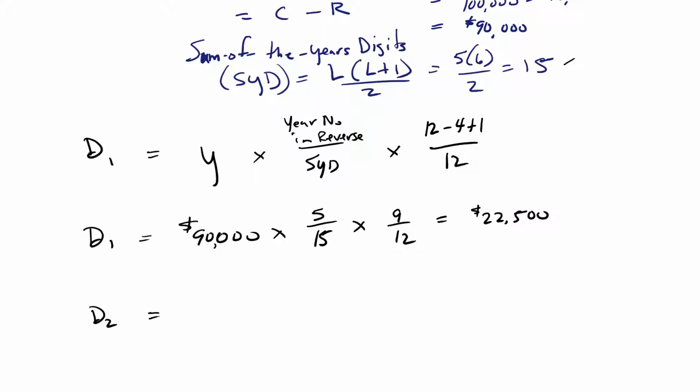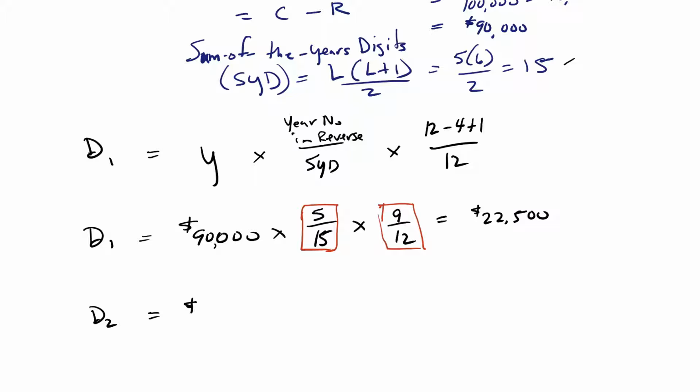One thing we'll have to remember is that in this method, we always use a particular SYD fraction for a full year. We've only used that fraction, as we see, for 9/12 of a year. So we have to complete a full year using 5 over 15 as what we call the SYD fraction.